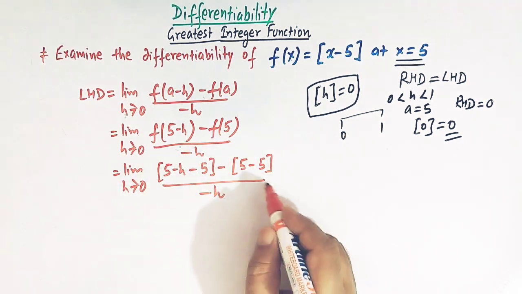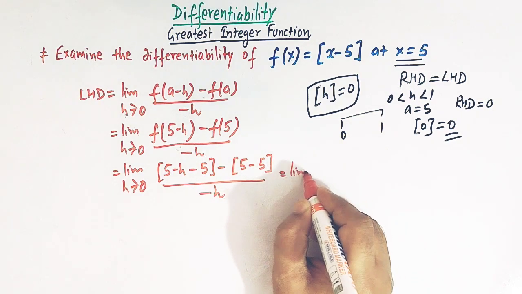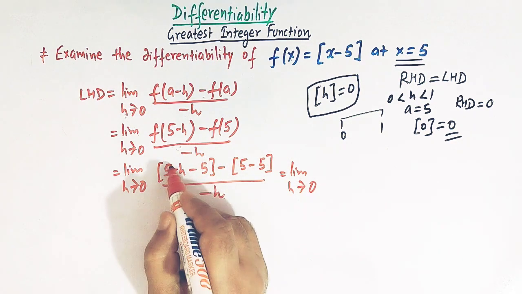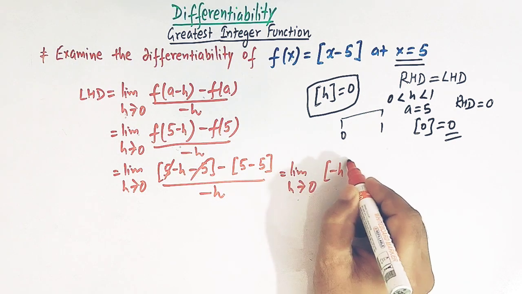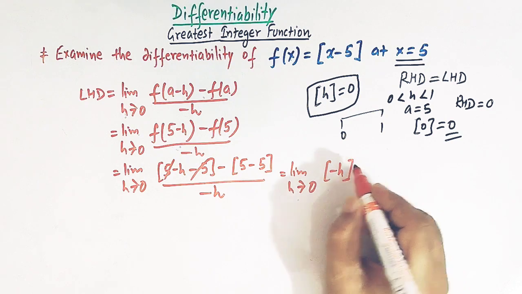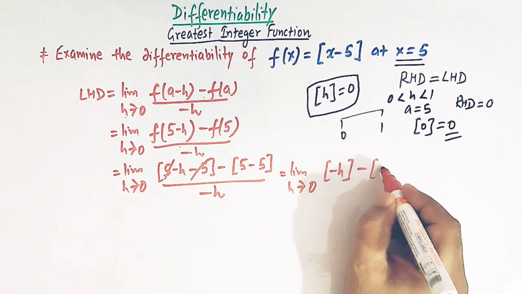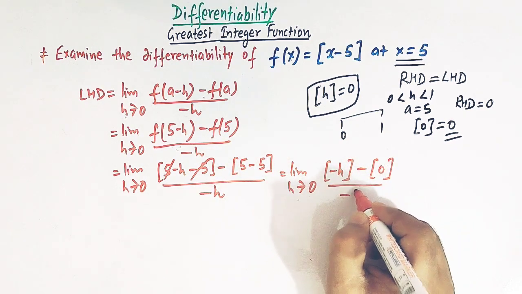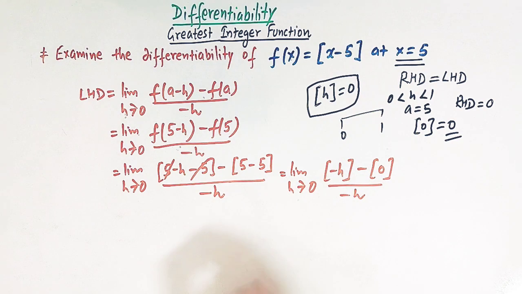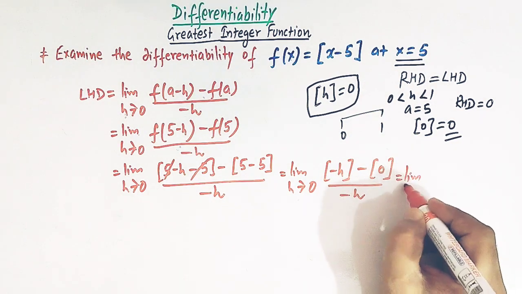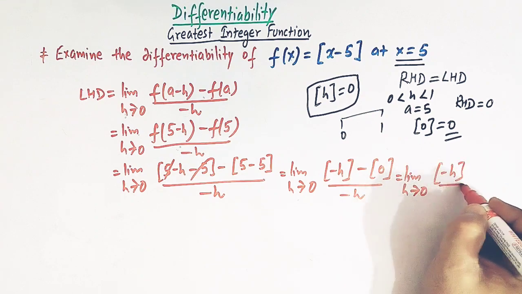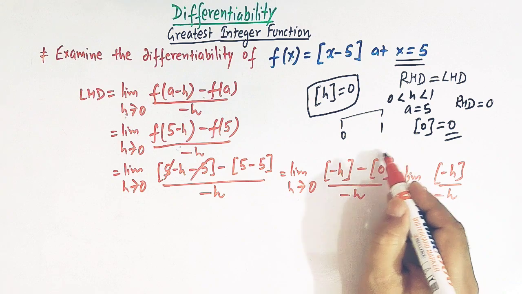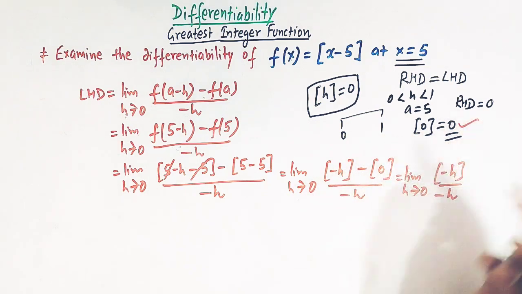Now simplifying, we have limit h tends to 0, here 5 and minus 5 get cancelled, so we are left with greatest integer of minus h minus greatest integer of 0, divided by minus h. This is limit h tends to 0 of greatest integer of minus h divided by minus h, because greatest integer of 0 is 0.